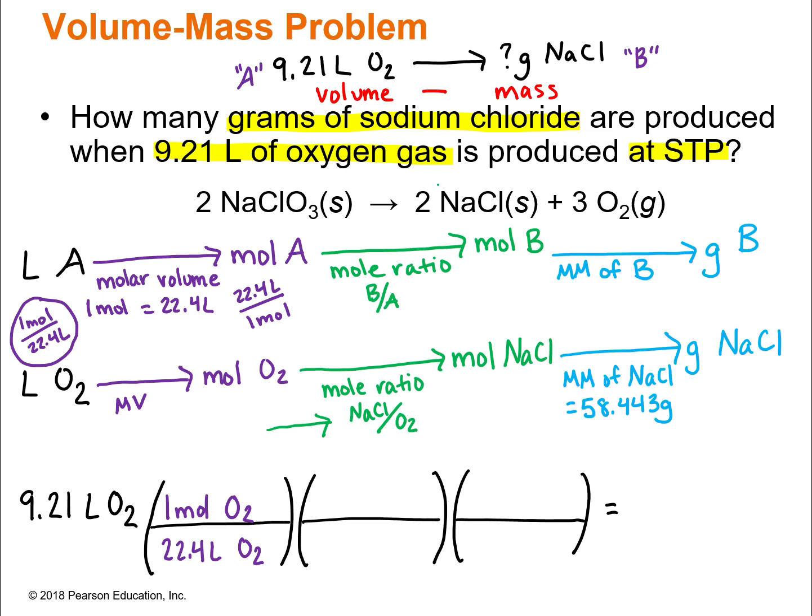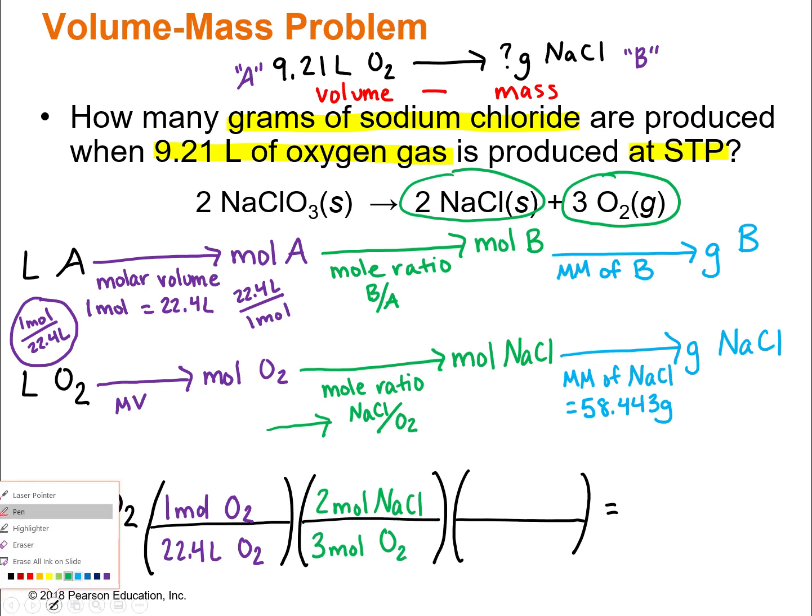Yeah, so we're going to put the moles of sodium chloride on top. And that comes from the chemical equation that is balanced. And the moles of oxygen gas on the bottom. Then we use the molar mass.